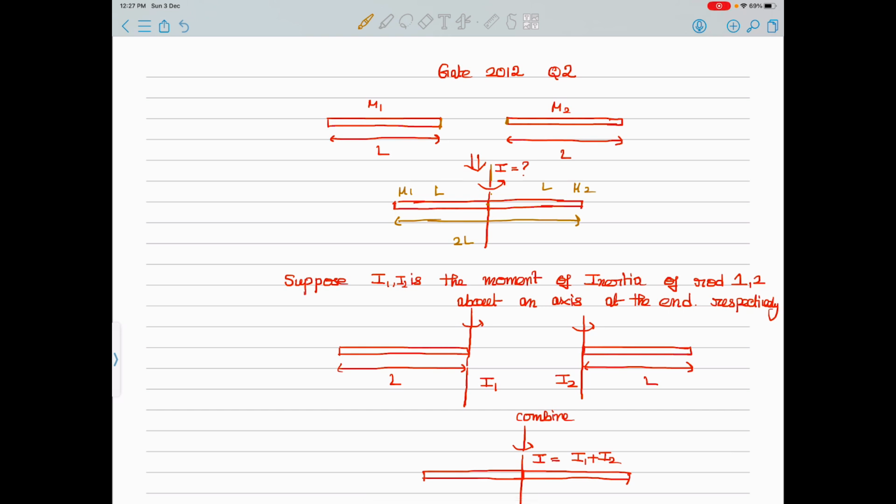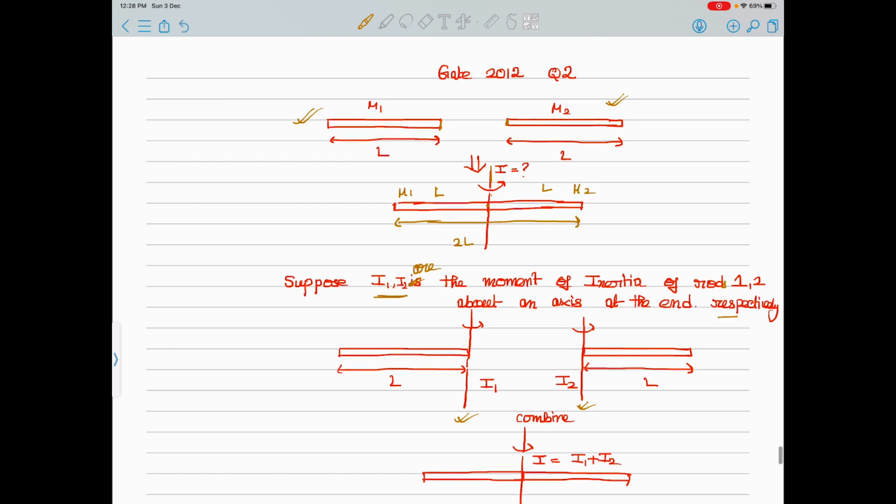So for that, let us individually divide these two rods, M1 L and M2 L. Suppose I1 and I2 are the moments of inertia of rods 1 and 2 about an axis at the end, perpendicular to the rod.